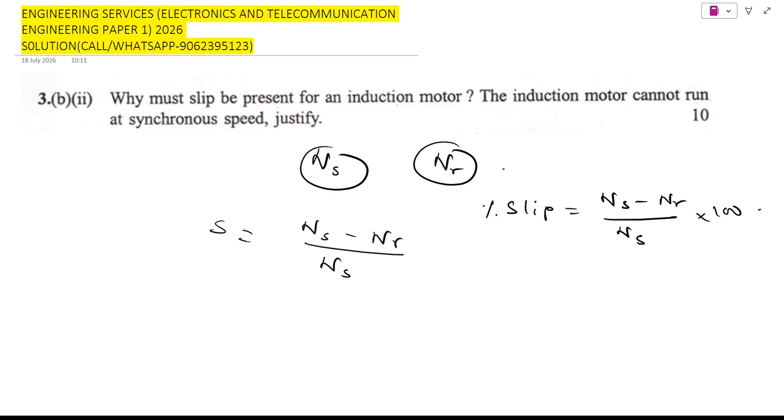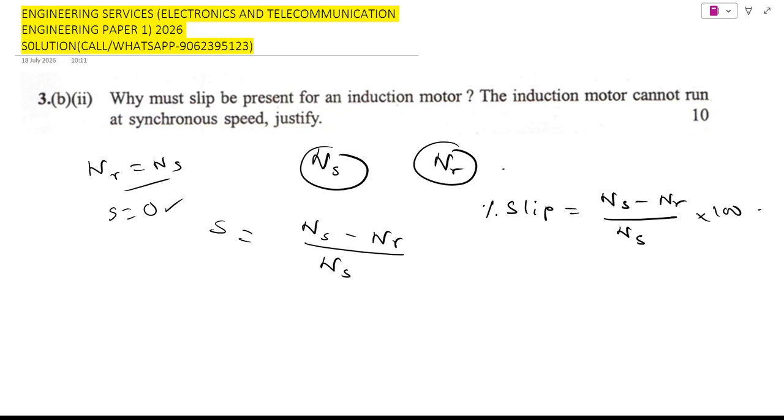Now comes the second part. Why can't an induction motor run at synchronous speed? Suppose the motor somehow reaches the synchronous speed, that is Nr equal to Ns, so S is 0. At zero slip, rotor EMF is 0, rotor current is 0, torque is 0, and without torque the motor cannot overcome the friction losses, windage losses and mechanical load.